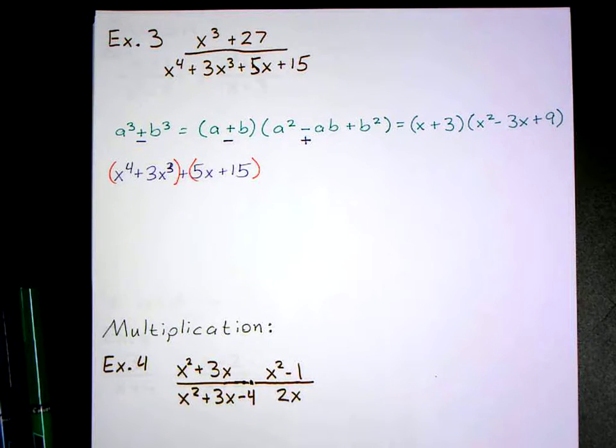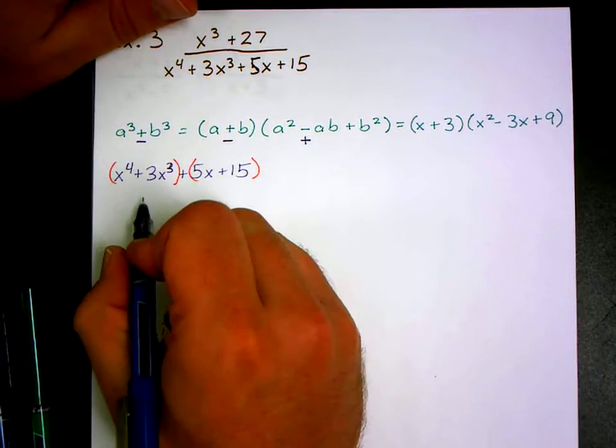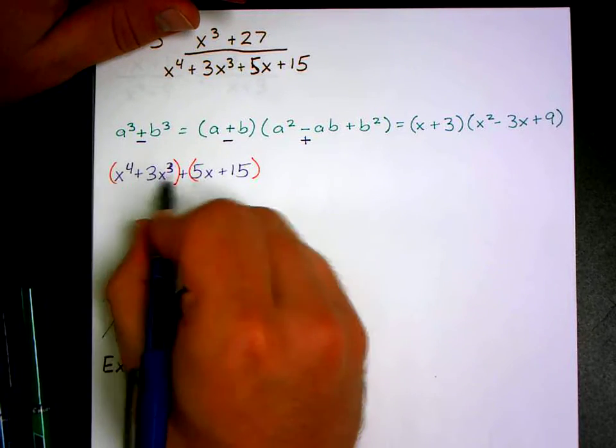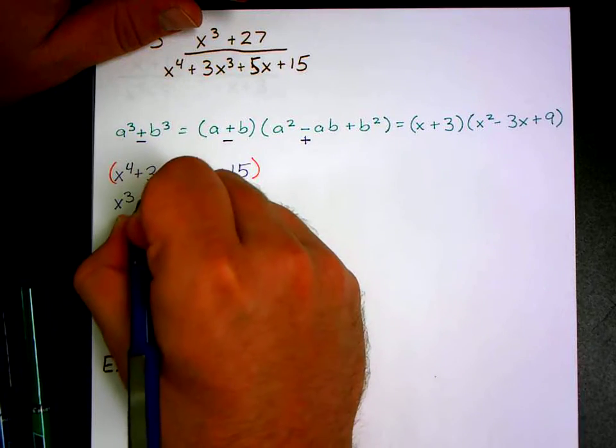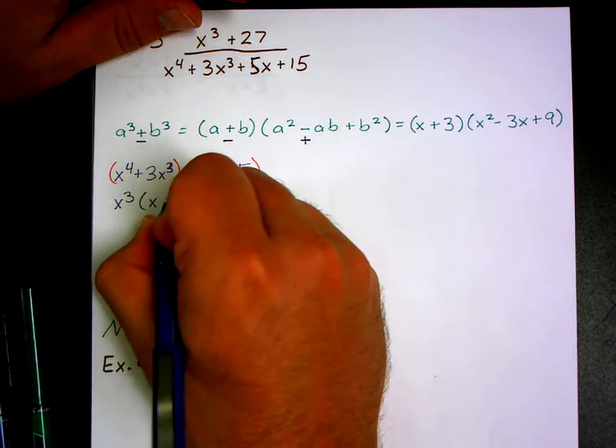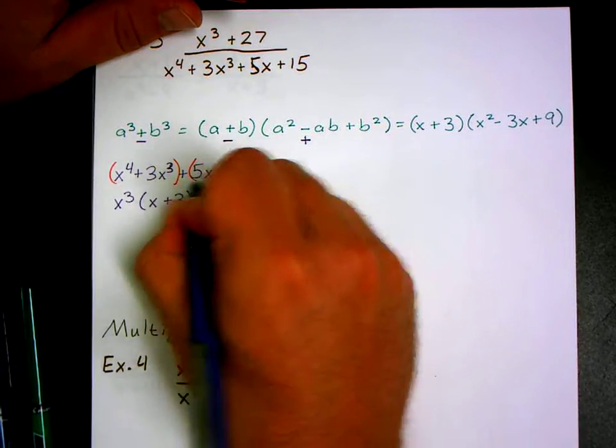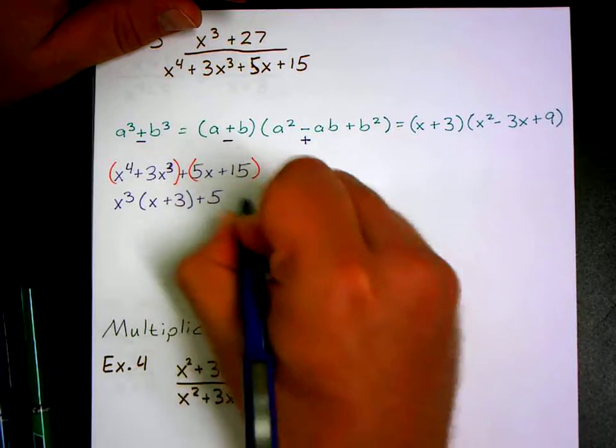Even our 3-term thing, what we do is technically we split the middle term into 2 terms so we can factor by grouping. So we take out of here, let's see, they both have an x cubed in common. These two have a 5 in common.